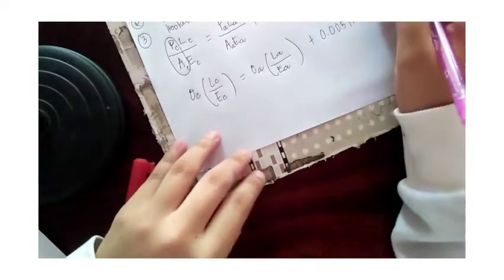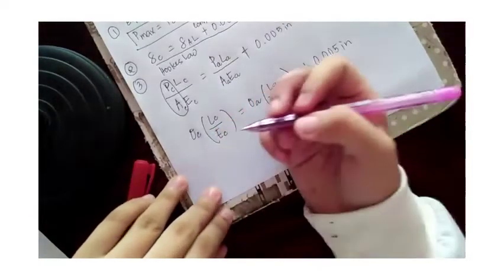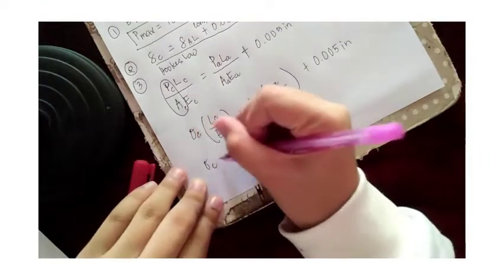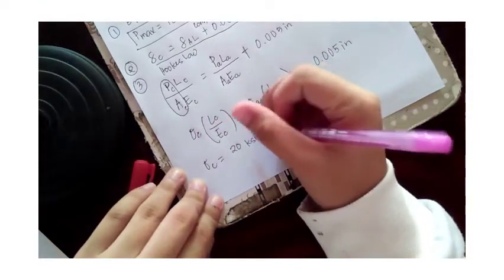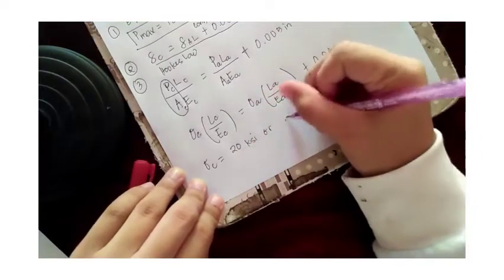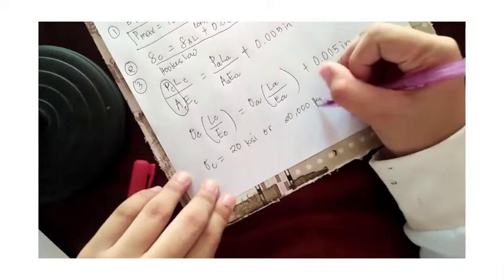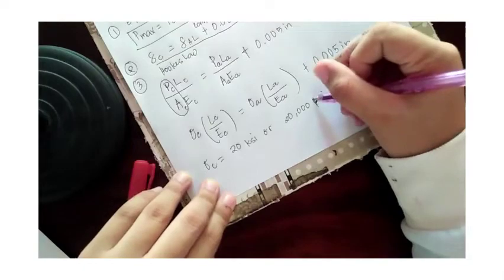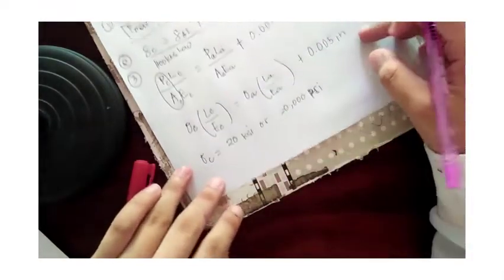In the given, we also need to consider the stress limitations provided, which for copper is 20 KSI, or 20,000 PSI rather. PSI. Because 1 KSI is equal to 1,000 PSI.